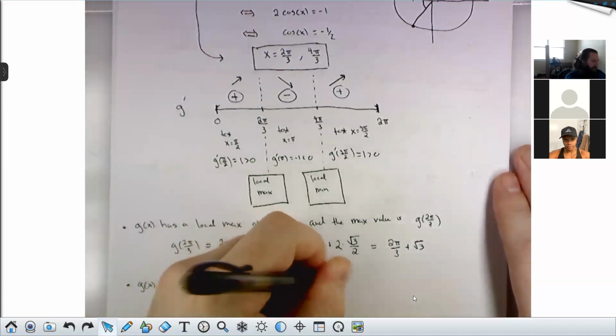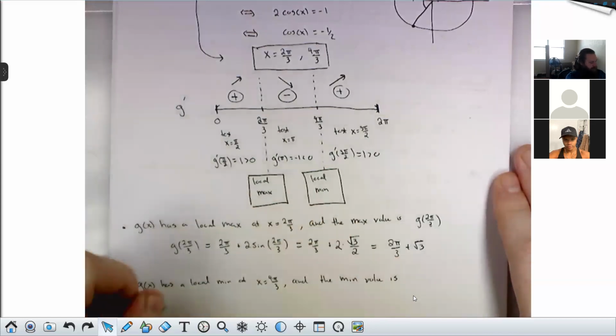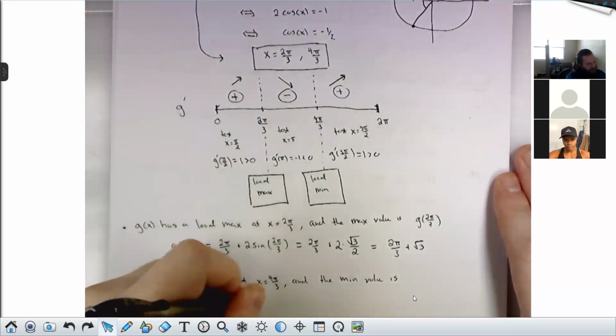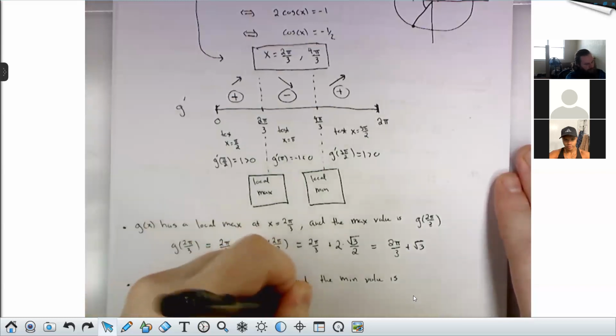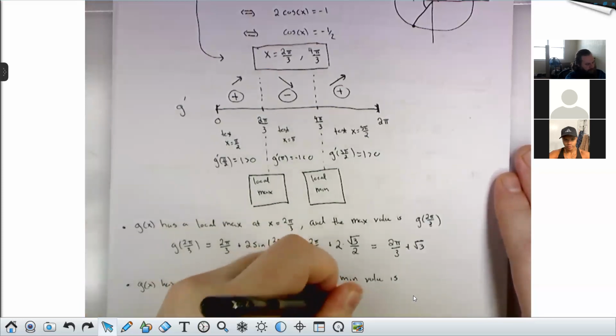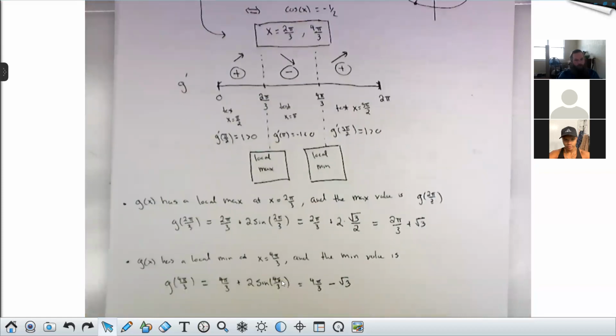And the min value is g of 4 pi over 3, which would be 4 pi over 3 plus 2 times the sine of 4 pi over 3, which is 4 pi over 3 minus the square root of 3, because the sine of 4 pi over 3 is negative root 3 over 2.